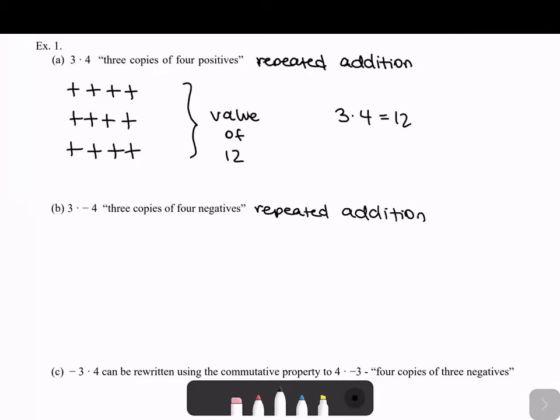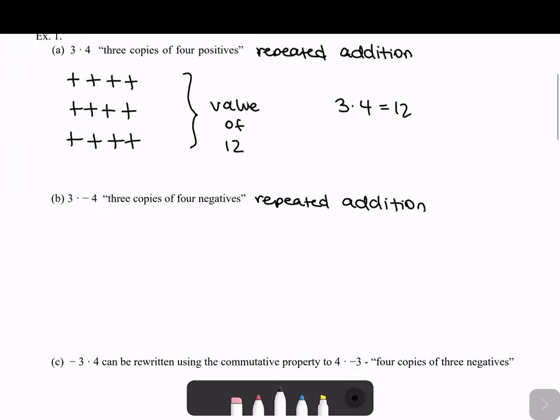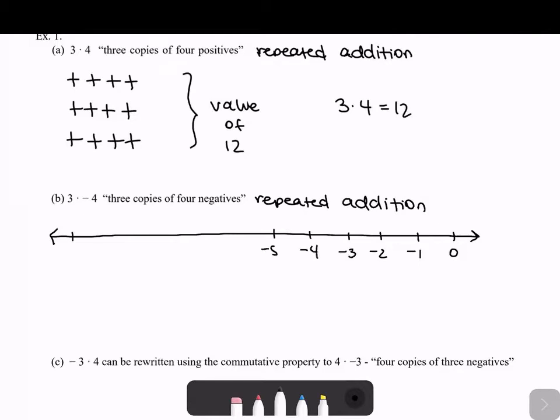We could either do this the exact same way we did part A, where we have 4 negatives using a sign model and then write that 3 times, or we could do this using a number line. So let's do it using a number line. I'm going to put 0, -1, -2, -3, -4, -5, -6, -7.